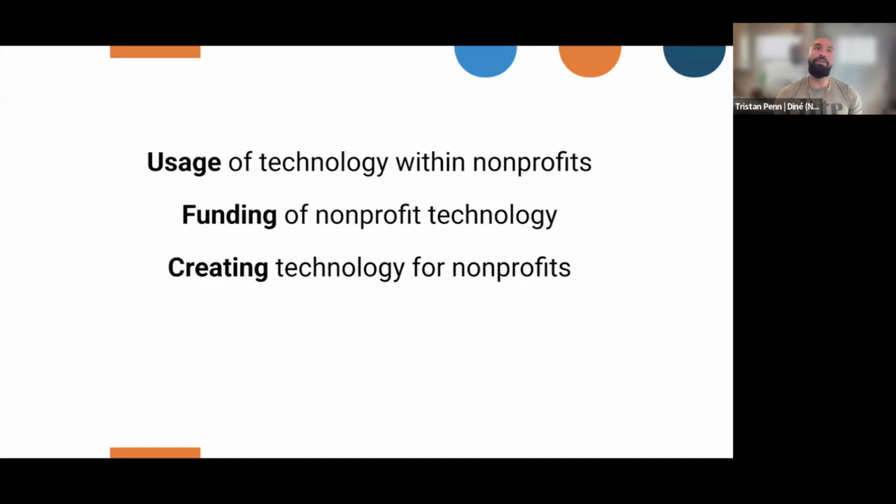That's really centered on organizations, companies, and for-profits that create technology, and any tools you may be having with your current IT department or IT director, maybe a big tool that is custom made for your organization, and how that may look, sound, and feel as you're implementing it in your own work, but also maybe something you want to share. So usage, funding, and creating. That's the house that we're all going to be living in with those three rooms.